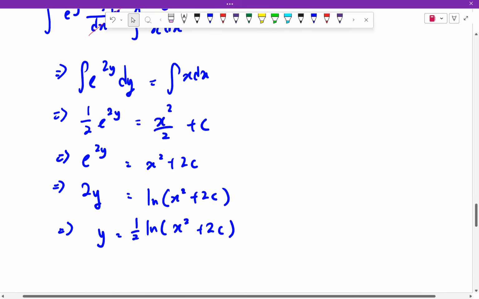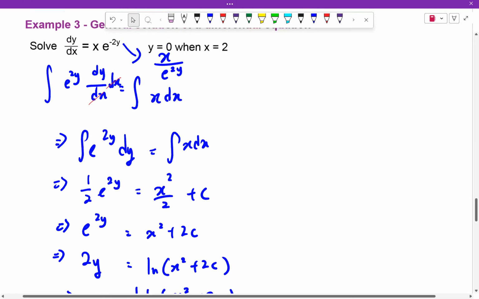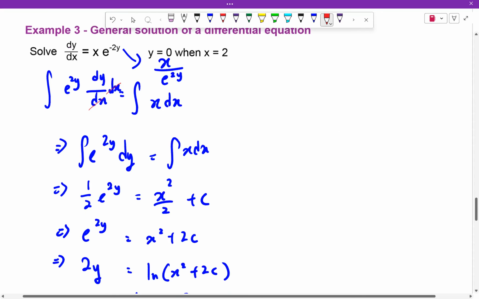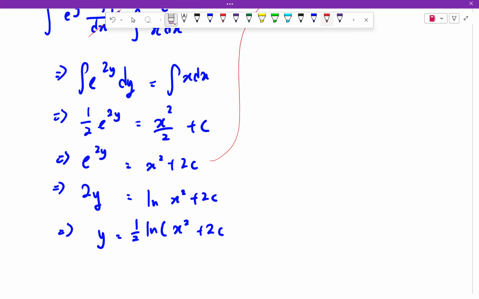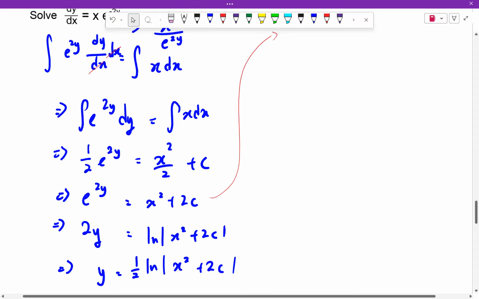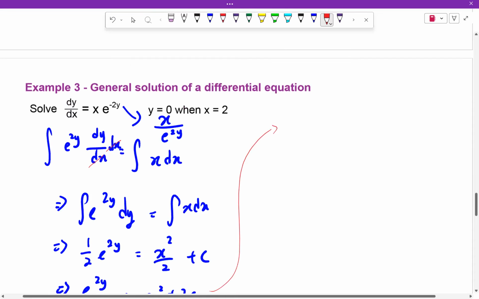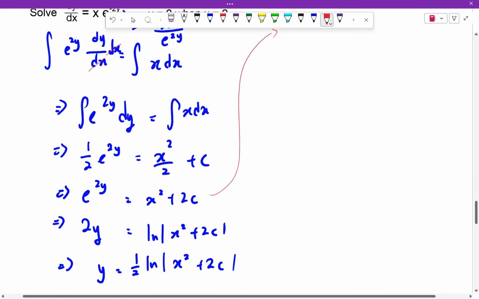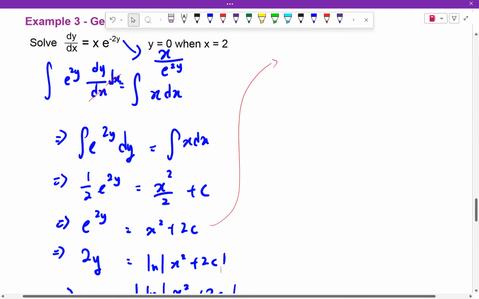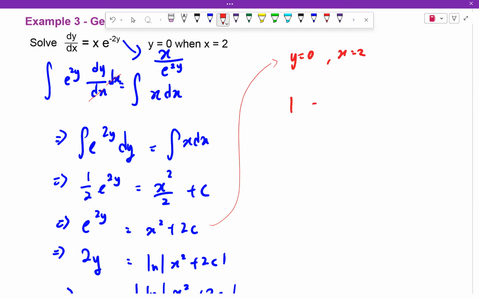Good. Now, using particular solution, when I'm solving for particular solution, I will choose to put it here. Okay, I'll use this one directly. Oh, in fact, sorry, I should put absolute. Okay, so in this case, y equals to 0, x equals to 2, so it becomes e, which is 1, equals to 4 plus 2c.